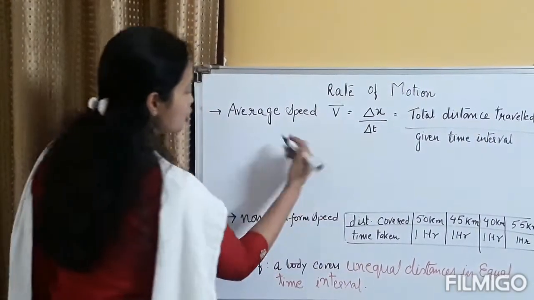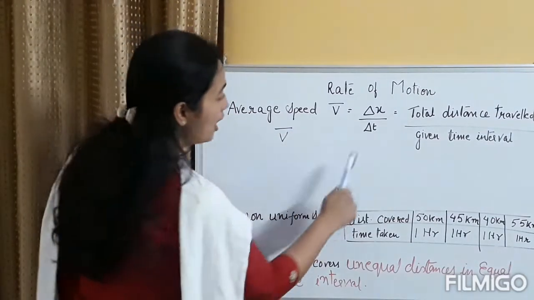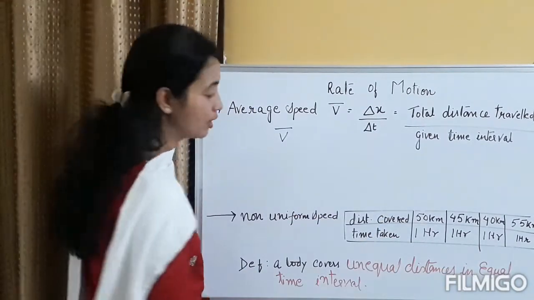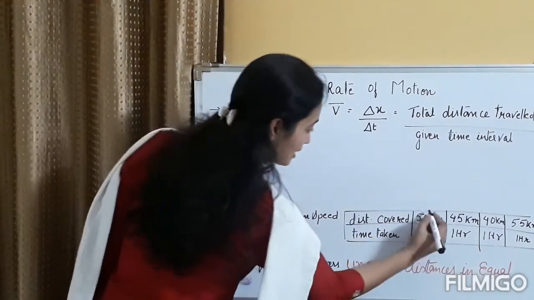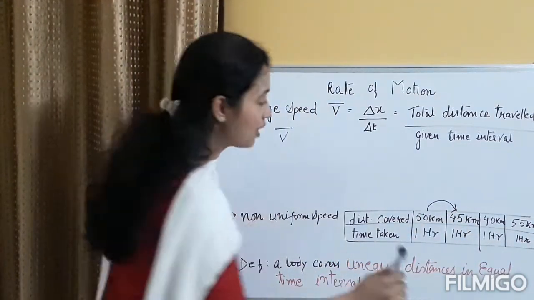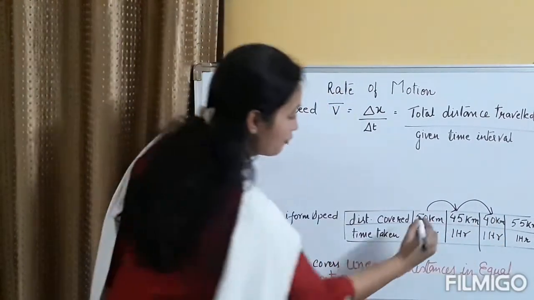So in this situation, if I have to calculate average speed, what will I do? I will find the total distance travelled. Let us do it for the same situation. Total distance travelled, it is 50 plus 45.